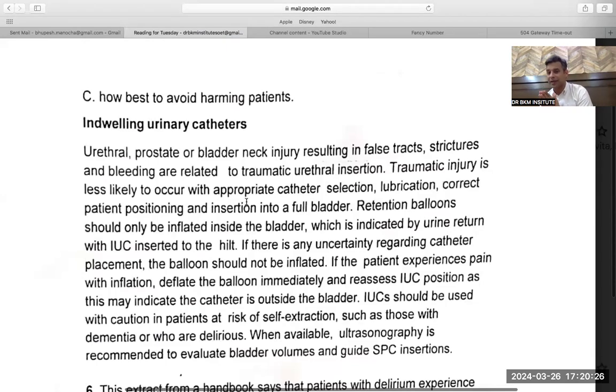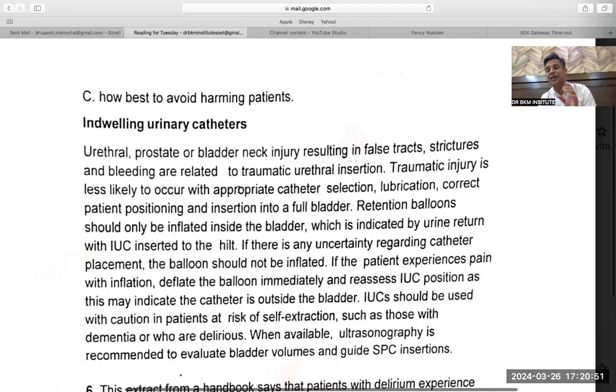Let's read the topic. Urethral, prostate, or bladder neck injury resulting in false tracts, strictures, and bleeding are related to traumatic urethral insertion. So when you are doing traumatic, meaning wrong, urethral insertion, then obviously these injuries will happen. So they're talking about traumatic injury right now.